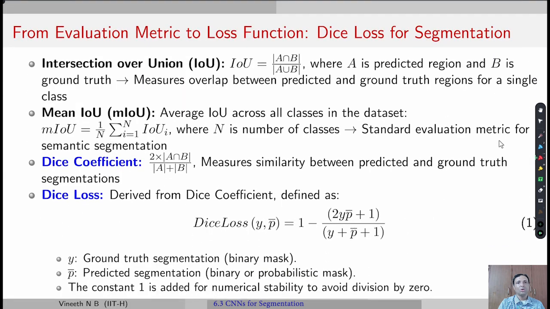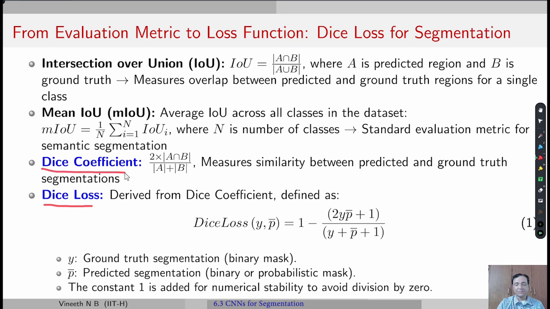That brings us to a popular loss function used for segmentation tasks today, which is the dice loss. And the dice loss is based on the dice coefficient.